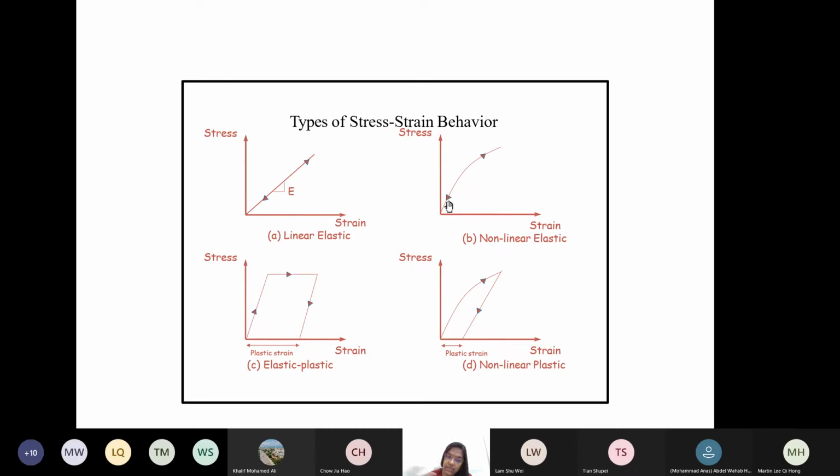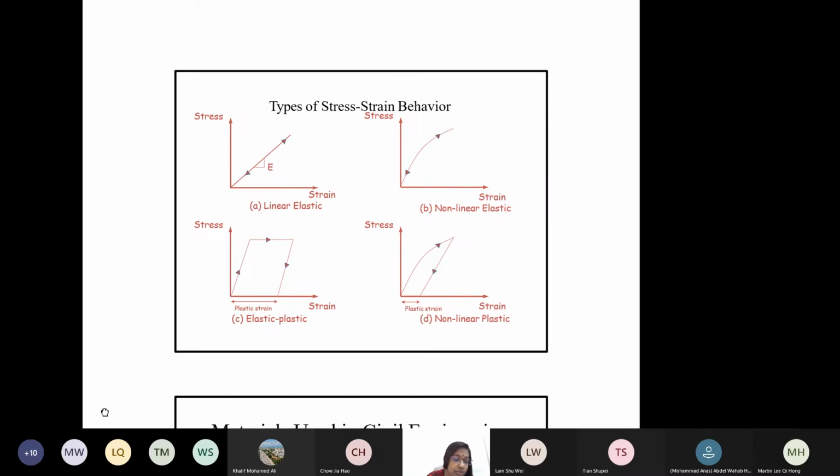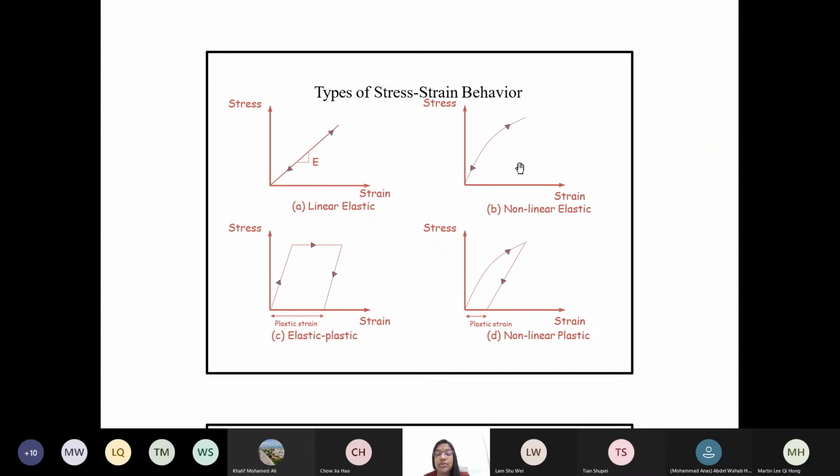What about this? Starting itself elastic, not in proportion, meaning what? For a simple load, take here a small load point. Instead of being proportionate, the load is very high, but the strain or deformation is very low, right?